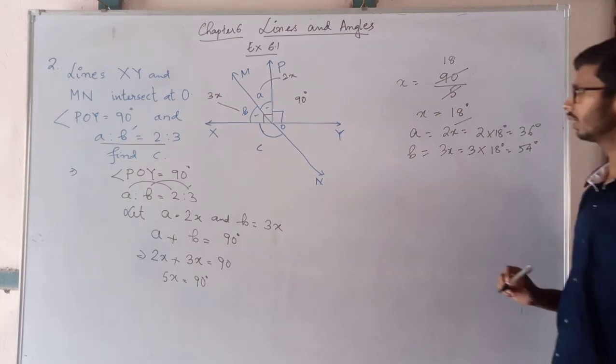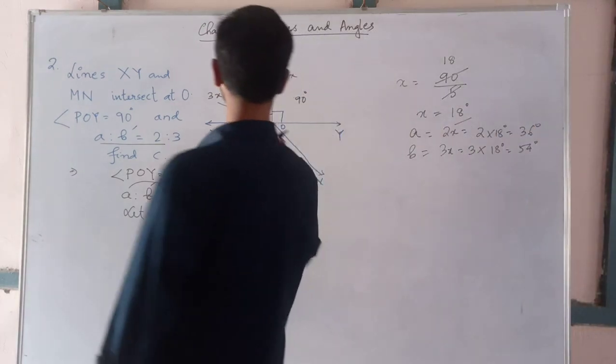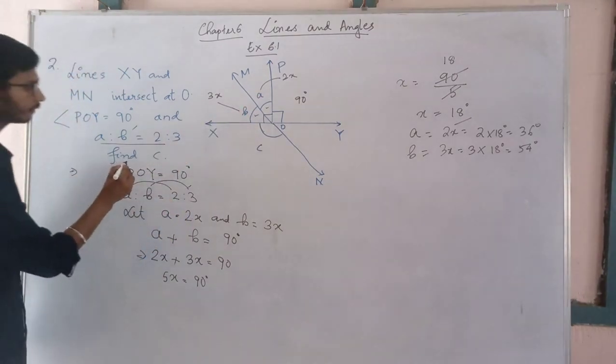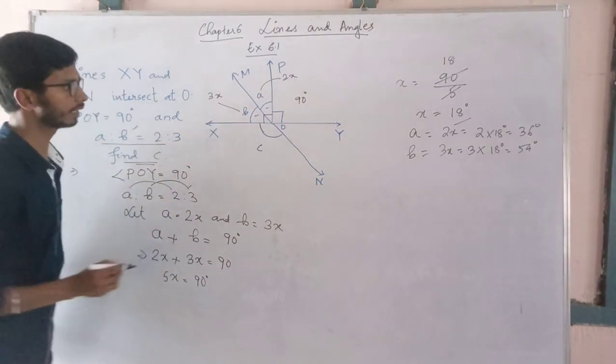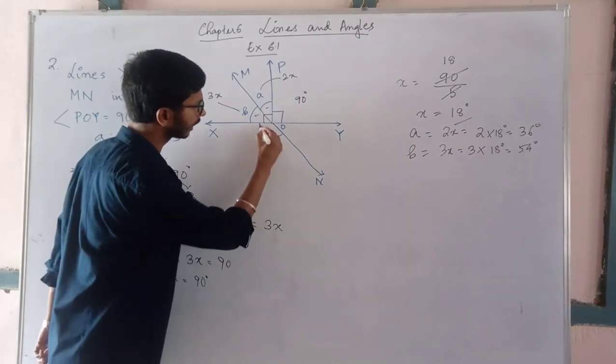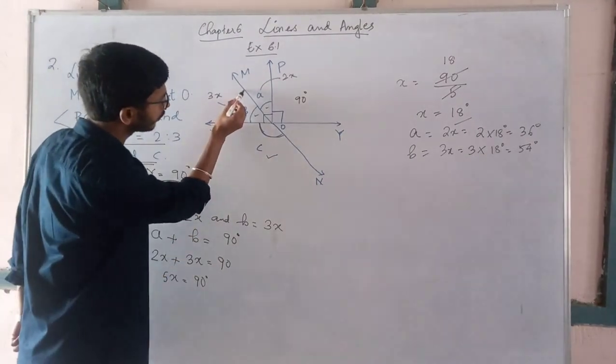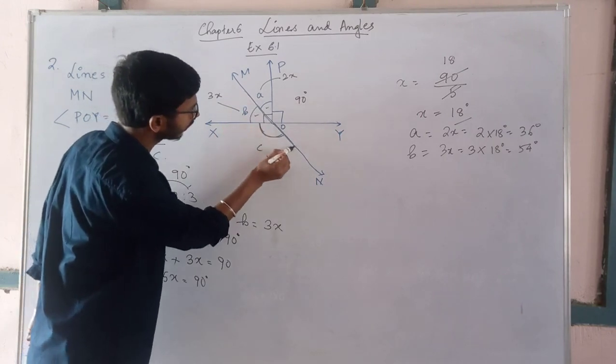Okay. Now we have found the value of angle A and B. But in the question it is asked to find the measure of angle C. That means we have to find the measure of this angle. Now if you see nicely, this is a straight line. Correct?